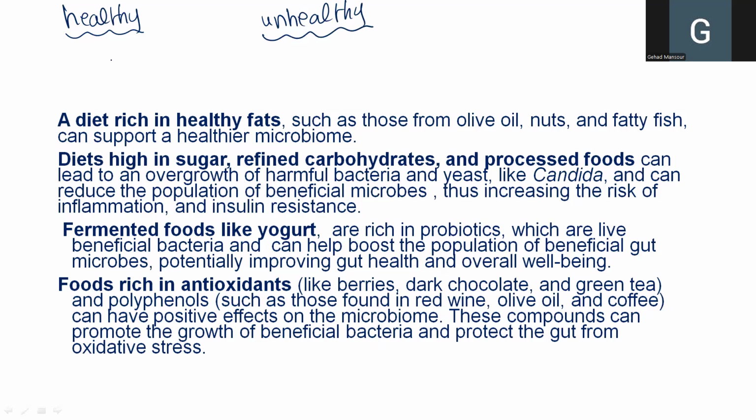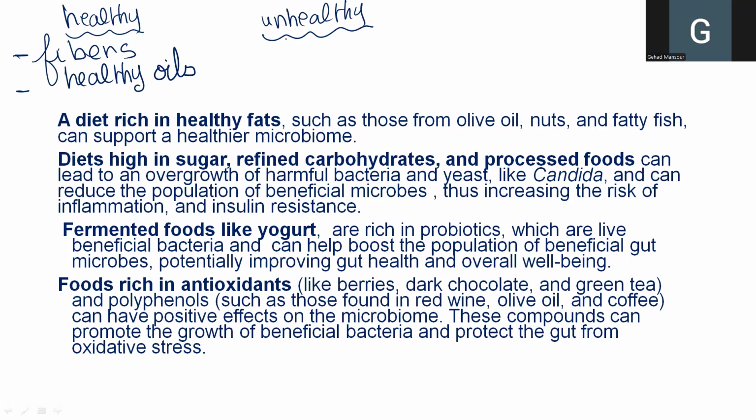So amongst the examples of healthy food items, we have the fibers. Of course, first of all, we have a diversified diet. We have the healthy oils like the short chain fatty acids, the nuts, and olive oil.